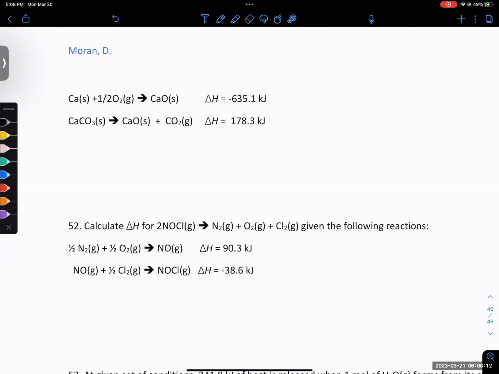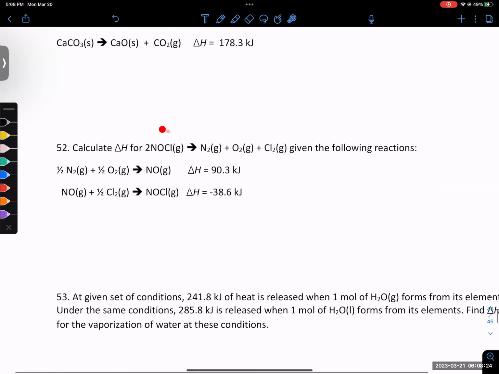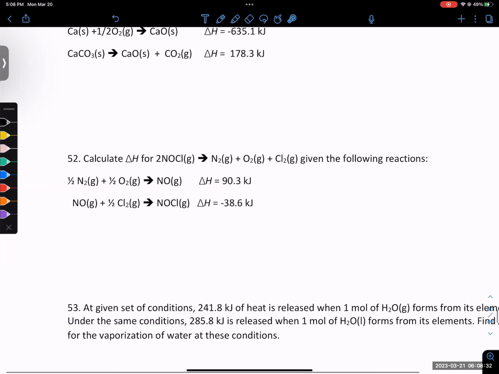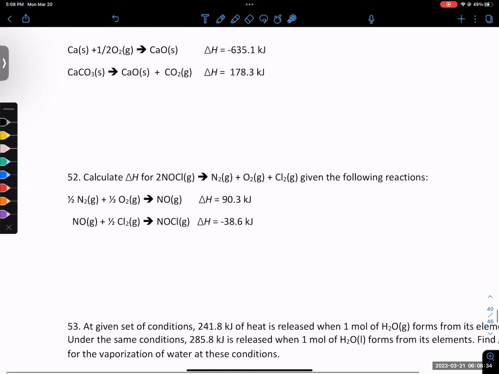So what does that mean? Basically, you'll be given a goal equation, an end product, and then they'll give you all of the individual reactions, the step-by-step way to get to that goal equation. And they'll give you the delta H for each one of those individual steps. Hess's law puts together all of those individual steps to give you a comprehensive total delta H value.